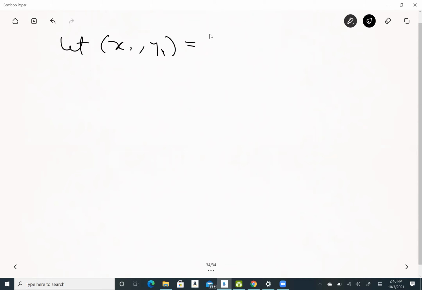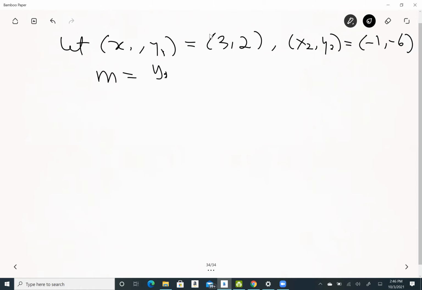and then you let x2, y2 be equal to the second point, -1, -6. So you want to find the equation. Now you know m is equal to y2 minus y1 divided by x2 minus x1.